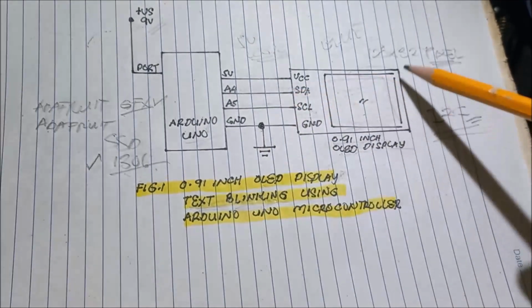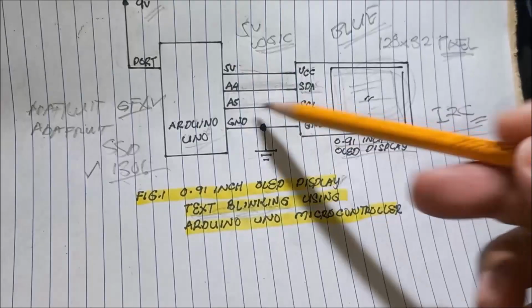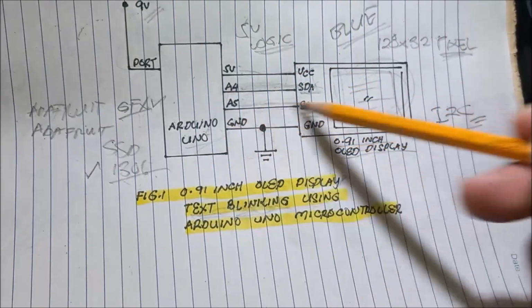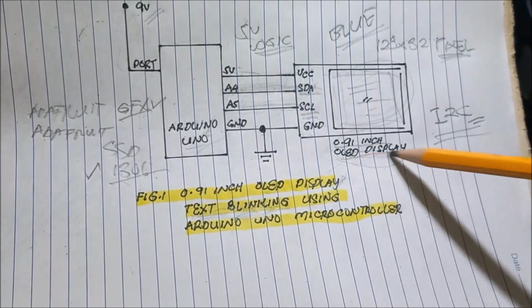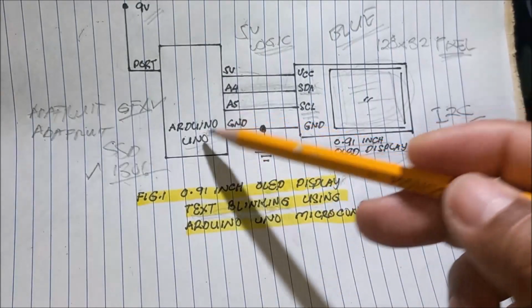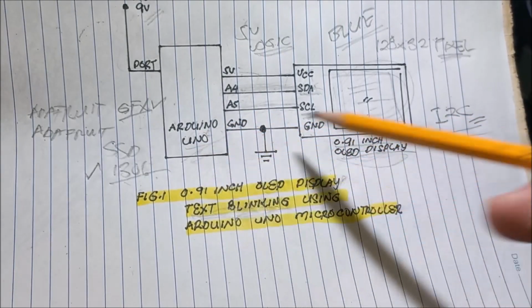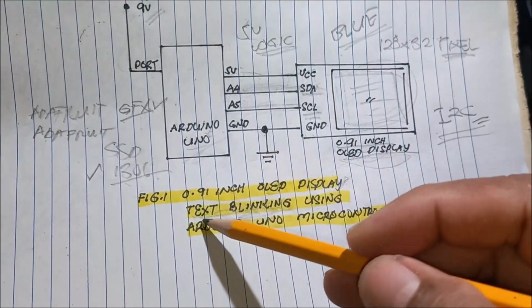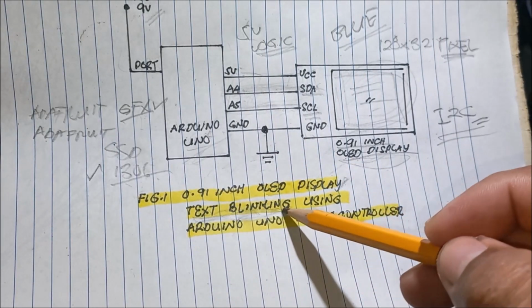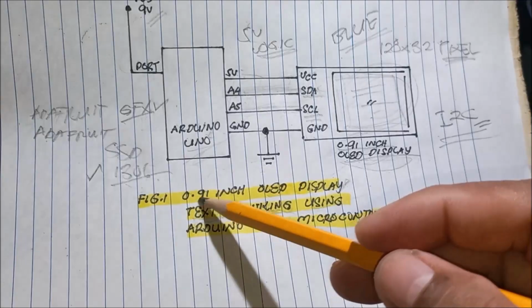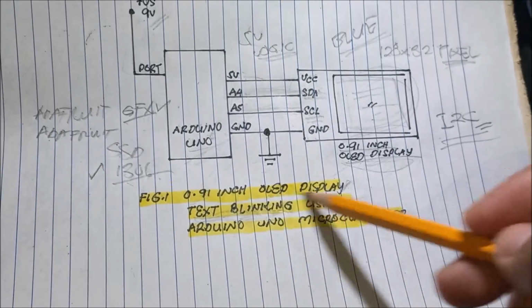And that is the connection between the two, the communication between the OLED display and the Arduino Uno microcontroller on how to make text blinking using the 0.91-inch OLED display.